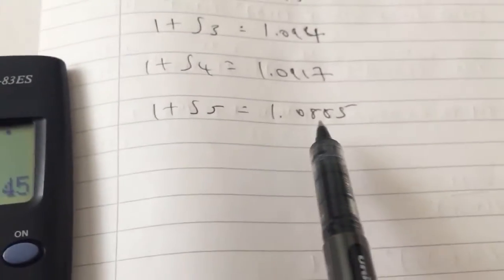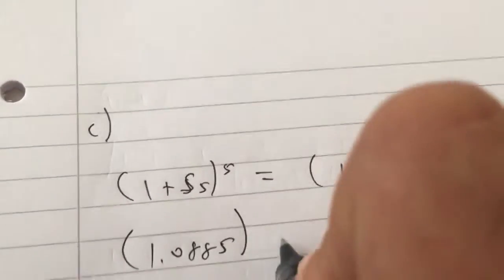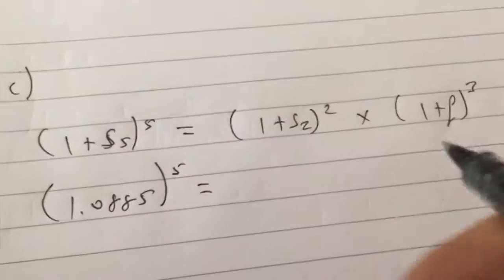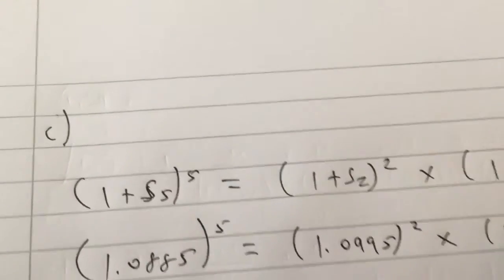1 plus S5, we've worked out before: 1.0885. So 1.0885 to the power of 5 equals 1 plus S2, which is 1.0995, squared times 1 plus F to the power of 3.